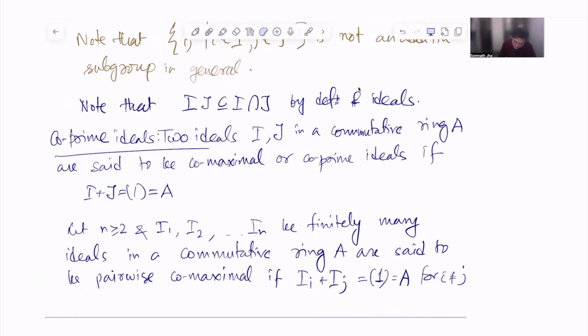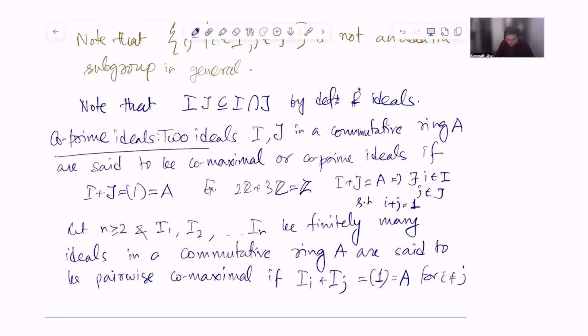So for example, if you have 2Z and 3Z, then 2Z plus 3Z is equal to whole of Z. This happens if and only if, so A I have written as the ideal generated by 1. So I plus J equal to A implies there exists i in I and j in J such that i plus j equal to 1.